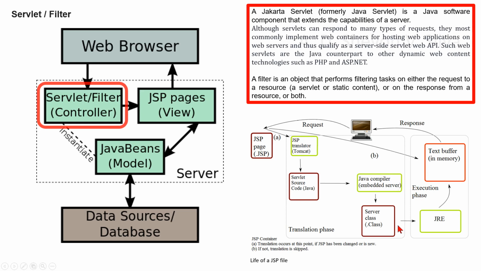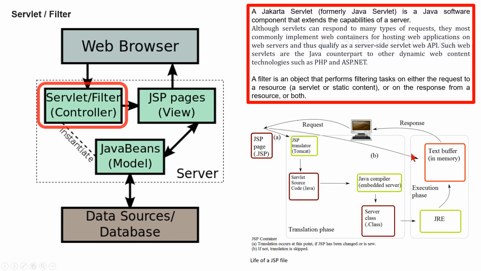A somewhat older usage is to use servlets in conjunction with JSP in a pattern called Model 2, which is a flavor of Model View Controller. The current version of Servlet is 5.0 at this moment.